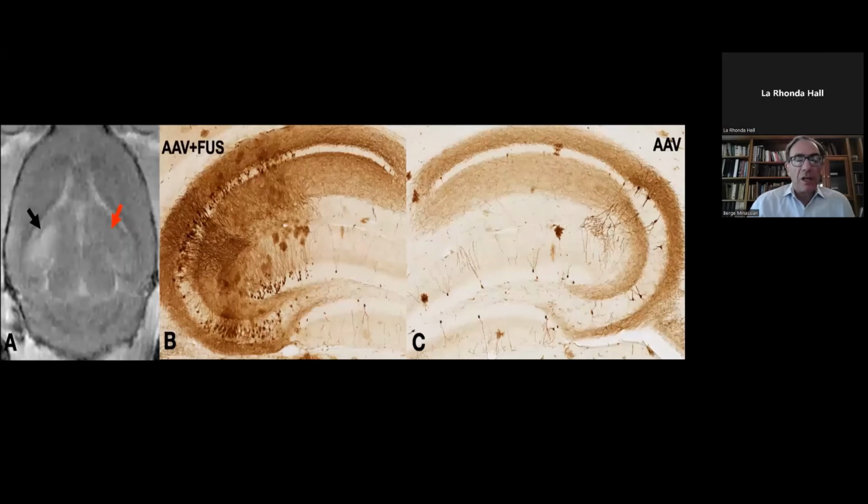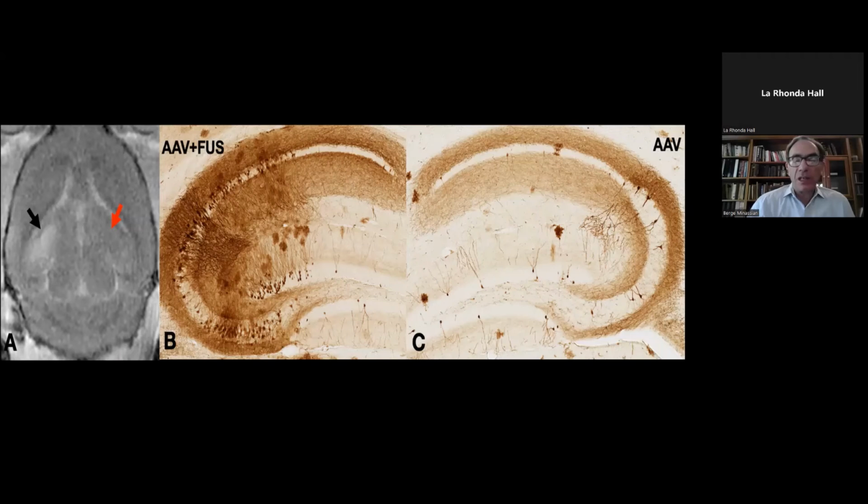So here we open the blood-brain barrier using focused ultrasound. You see on the right side where the black arrow is, the hippocampus blood-brain barrier has been opened using focused ultrasound. On the left, the red arrow, it is intact. And we do the gene therapy during the brief period where the blood-brain barrier is open.